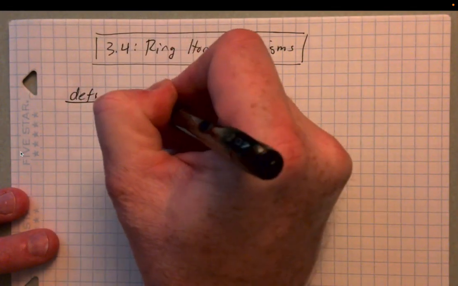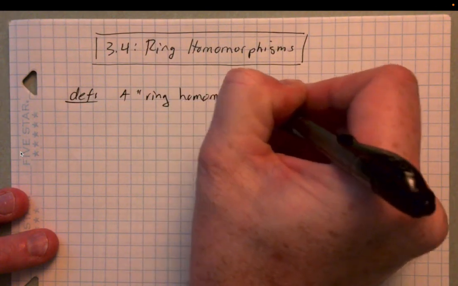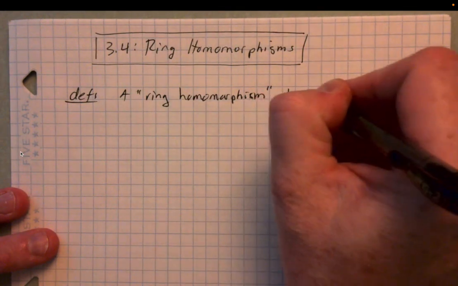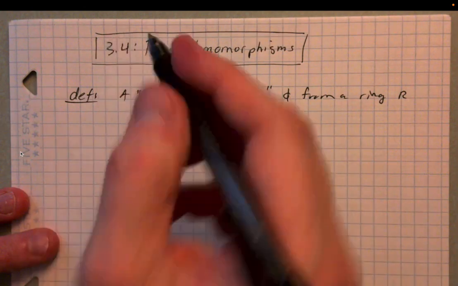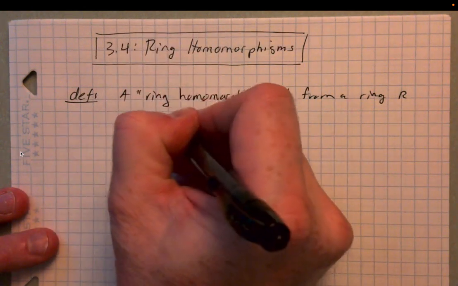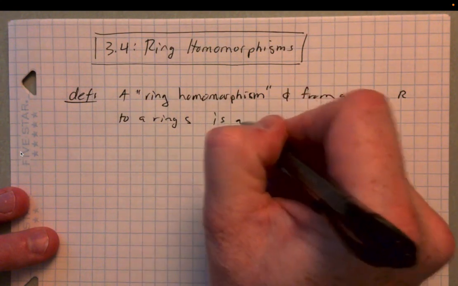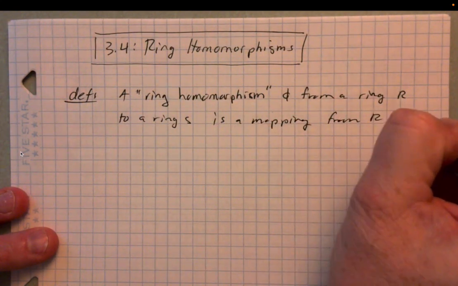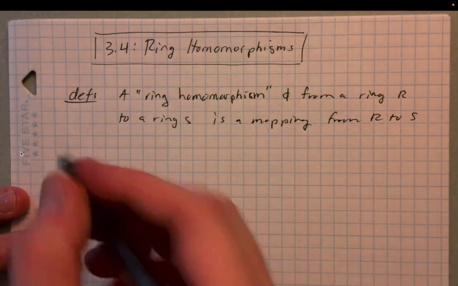So a ring homomorphism phi from a ring R to a ring S is a mapping from R to S that preserves the two ring operations.